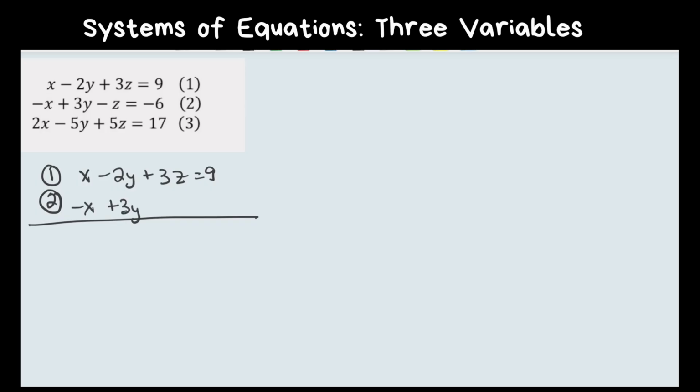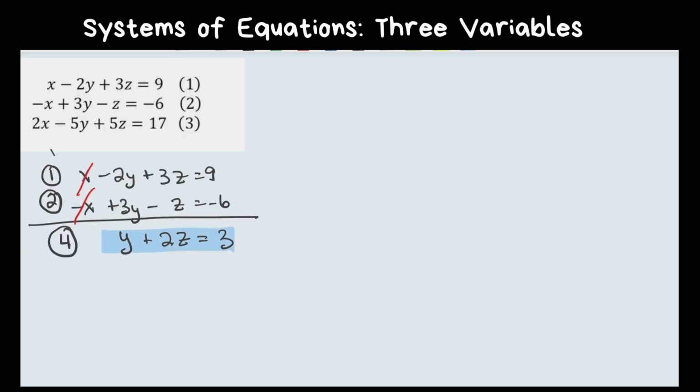Just copying it down here. And I'm going to add them together. And the nice thing about this is I can eliminate X pretty easily. I will get 1Y plus 2Z equals 3. I have eliminated X once, but remember I need to do it twice.